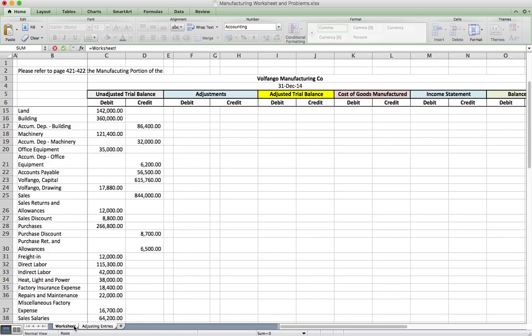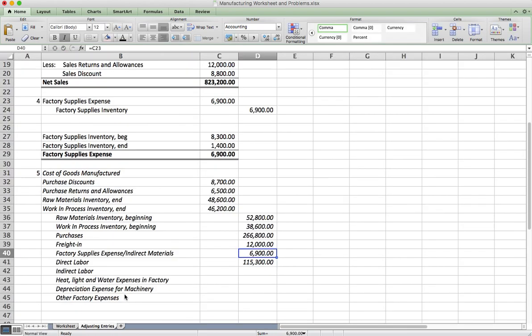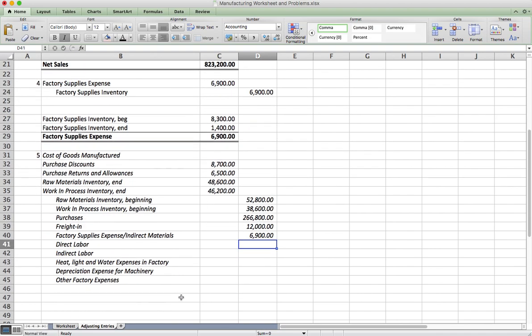Indirect labor. Parang kulang ito. Dapat kasi sa adjusted balances tayo titingin, pero inuna natin to. Dito ko na lang i-adjust, class. Palitan na lang natin mamaya.